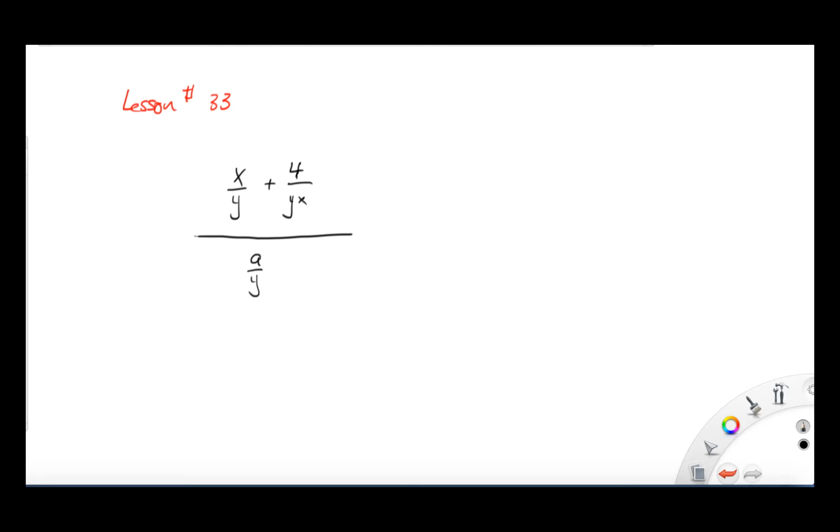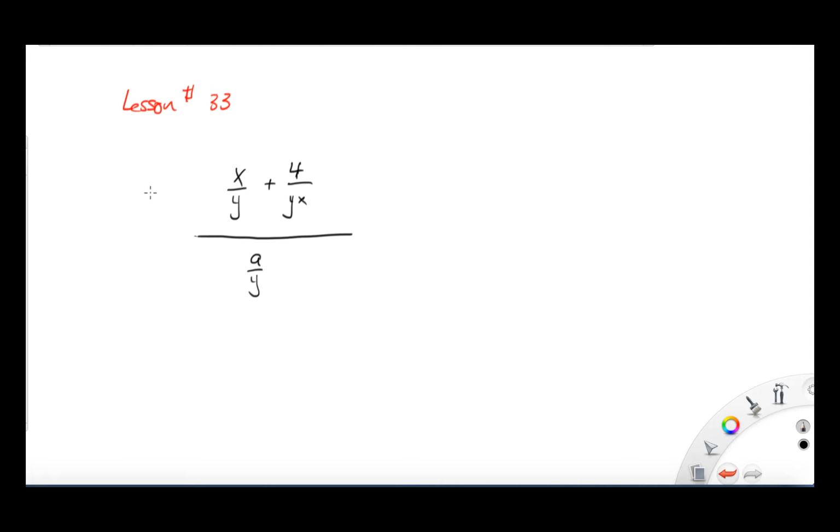Algebra 2, we're on lesson 33, and we're going to be looking at complex fractions. We're actually going to start not on page 149 because it does talk just about rules of algebra and satisfying equations to set us up for this idea of complex fractions.